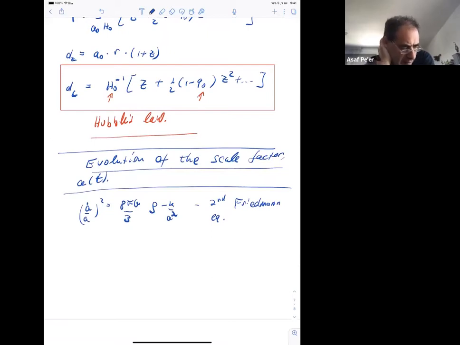Now, of course, that depends on the scenario at hand. What is k? What is rho? For now, we're going to stick to k equal to 0, which is the simplest case. We can just write down this equation can be solved.